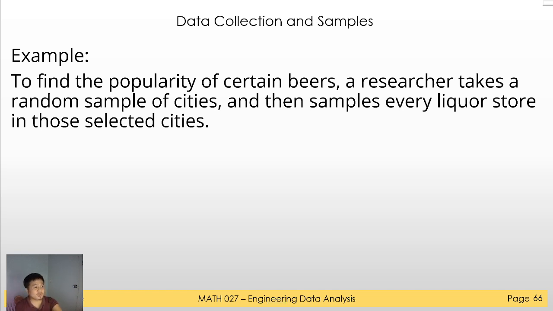The whole population is the whole world. It is actually vague, but we assume that the population is the whole population of the world. But the researcher only chooses to find a sample within these selected cities. So this will be a cluster sampling.